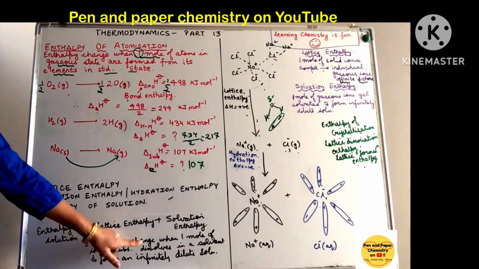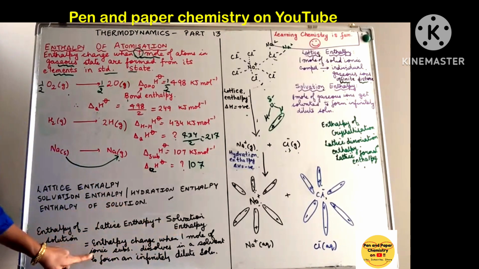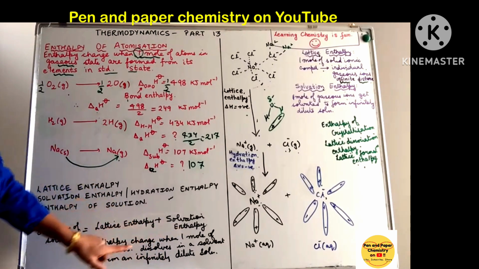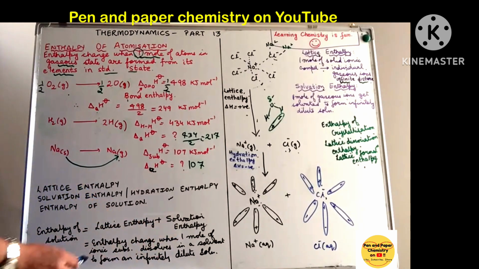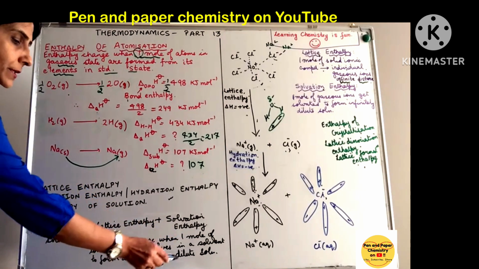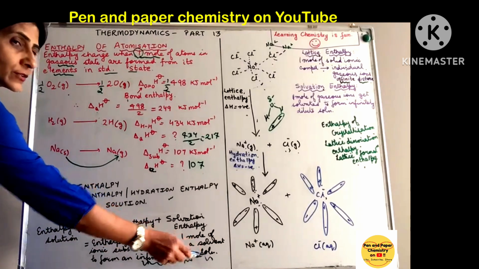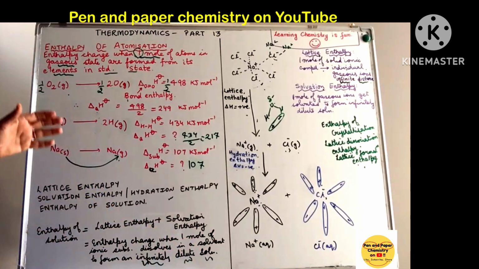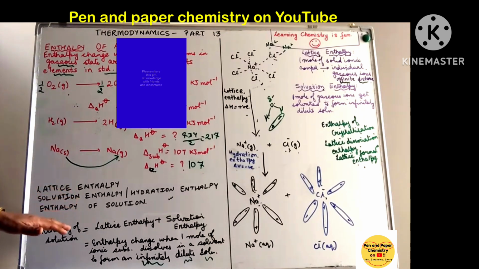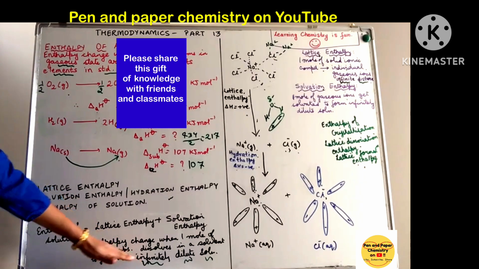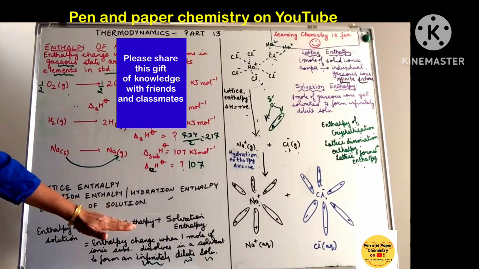So, enthalpy change when 1 mole of ionic substance dissolves in a solvent to form an infinitely dilute solution. Why are we talking about an infinitely dilute solution? It means that when more water is added to it, there is no change in enthalpy. That is the stage we have to bring this solution to.